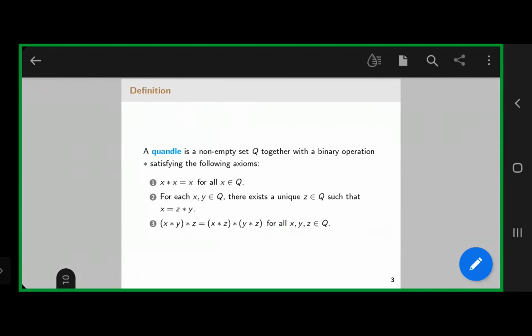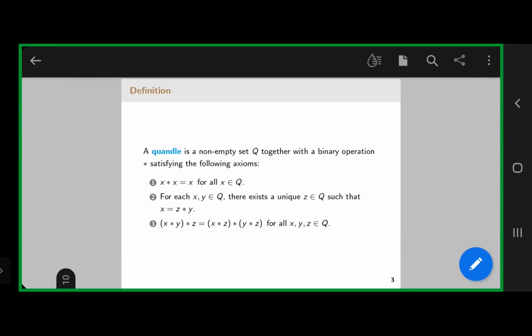Second property, if you see, it's telling something about a function. It's telling that z can be thought of as something like the inverse of y. This is actually telling me the action of y can be reversed also. I will define it more precisely in the future, but firstly, this is just a definition.